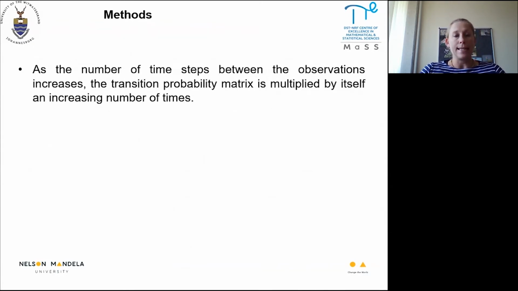And the interesting thing is that as the number of time steps between the observations increases, your transition probability matrix gets multiplied by itself an increasing number of times. So if you have 5 hours between successive locations, you would take that transition matrix and multiply it by itself 5 times.